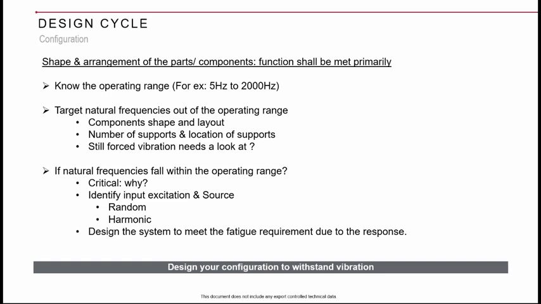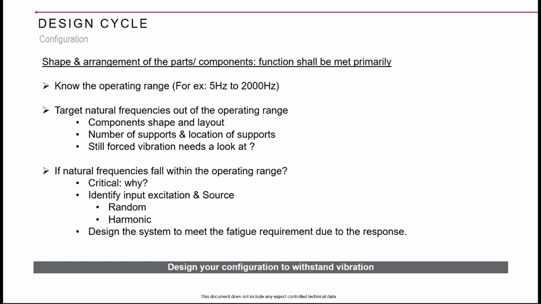So the key takeaway is that the configuration should always be designed, I mean evolved, in such a way that it withstands the vibration requirements. But this is the area where a miss most often happens in the design cycle, because we focus majorly on the functional requirements at the beginning of the design cycle, and towards the end a detailed analysis is taken up, and we see that our vibration requirement is not met.